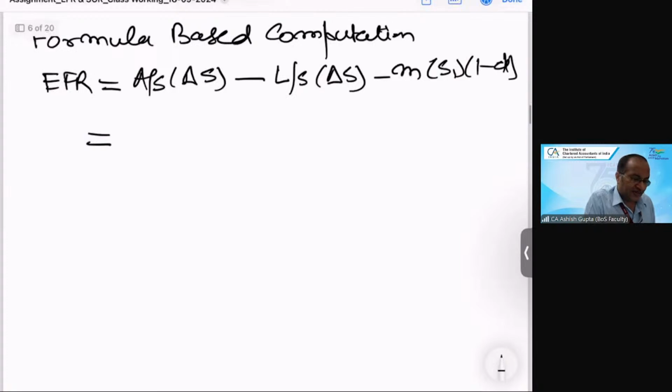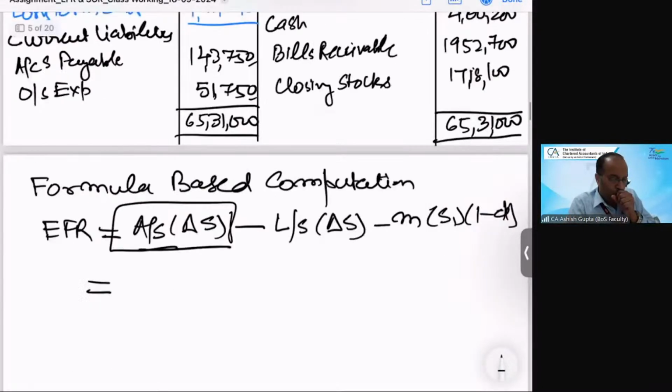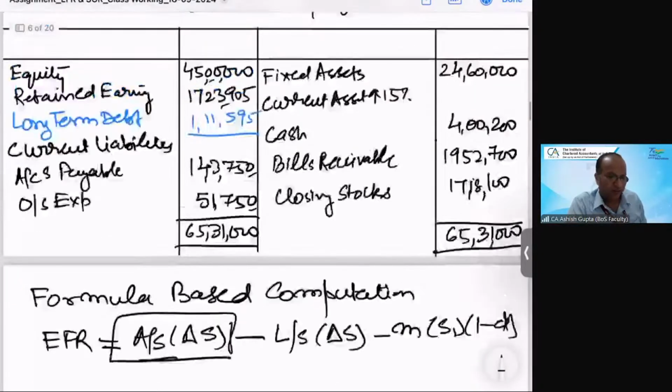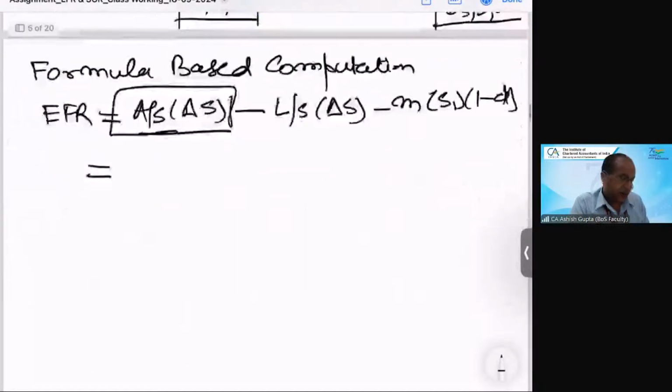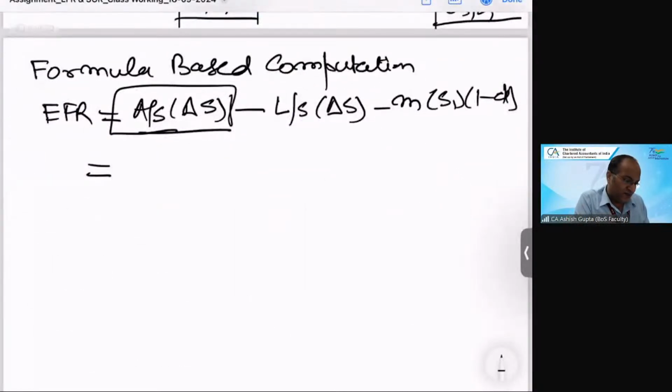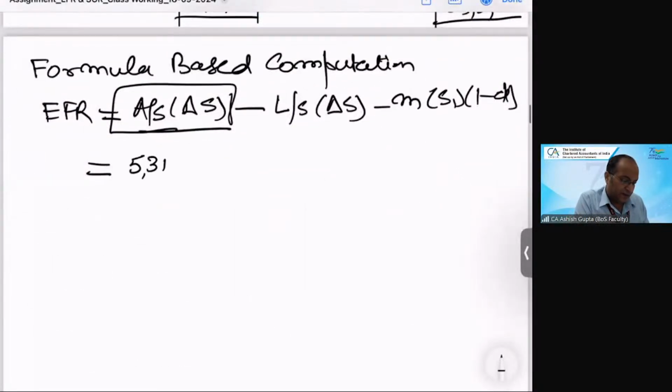Now my change in the assets. Okay, this is basically the change in the overall asset. So please see, student, here. Since there is no change in the fixed assets, whatever change is taking place is taking place only in the current assets. So my current asset change is 5,31,000.